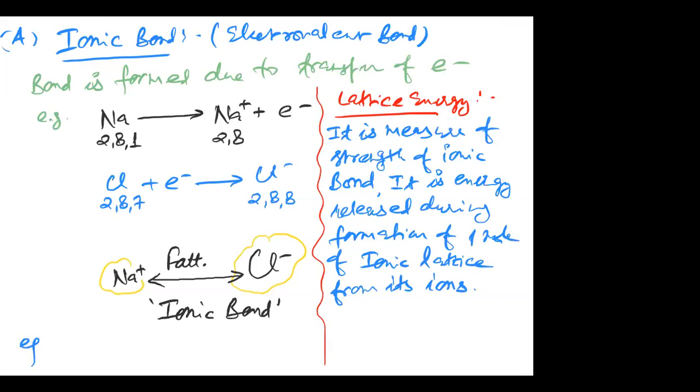For example, Na plus gaseous, when combined with Cl minus gaseous, can convert into NaCl solid.